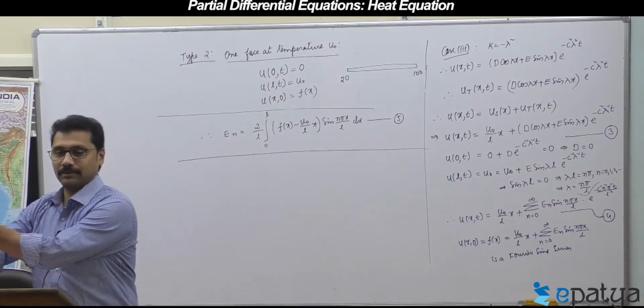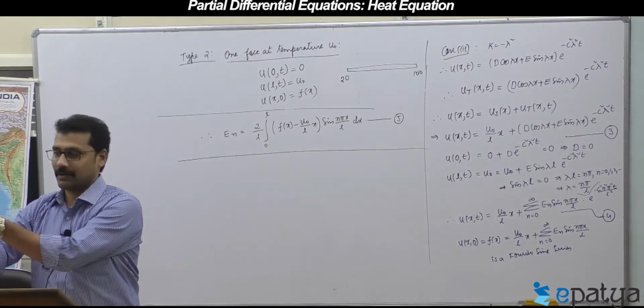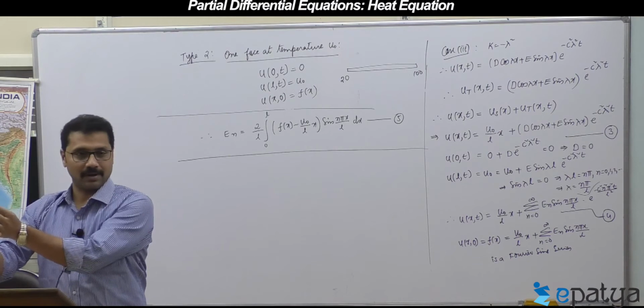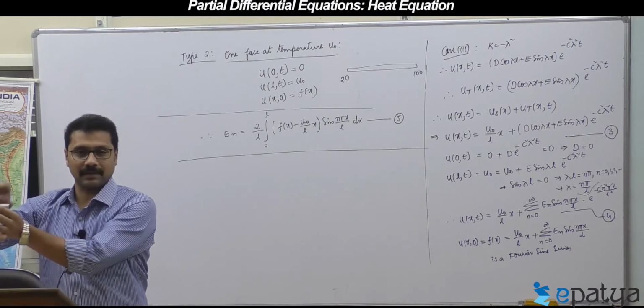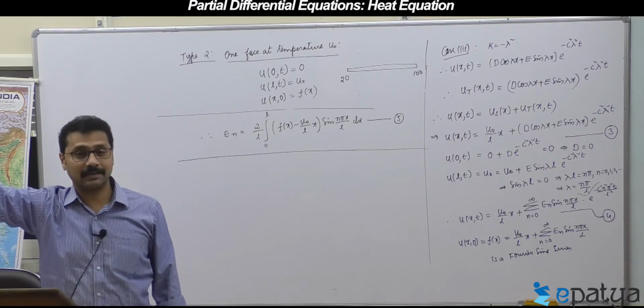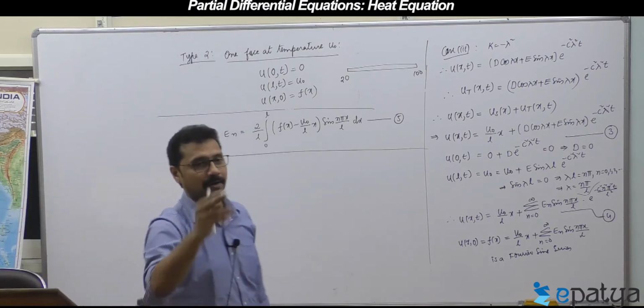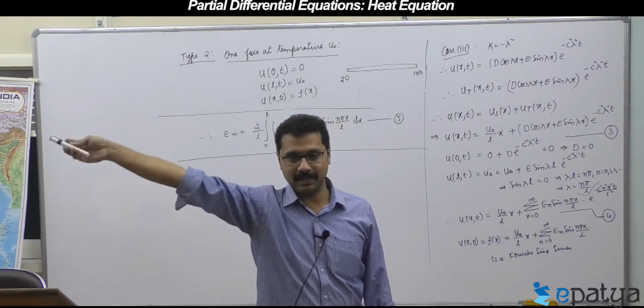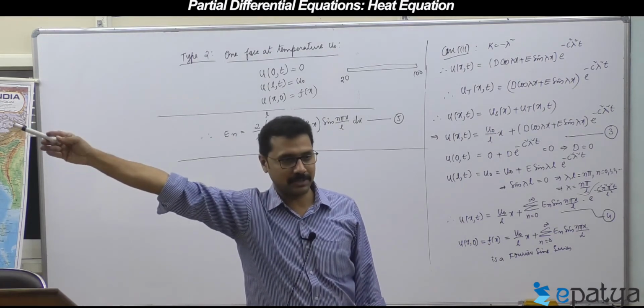They maintain 0 here and 100 here for a length L, and they are already maintaining some temperature distribution inside. That we can easily find. It would be 100 by L into x. 100 by L into x would be the temperature distribution in that one.